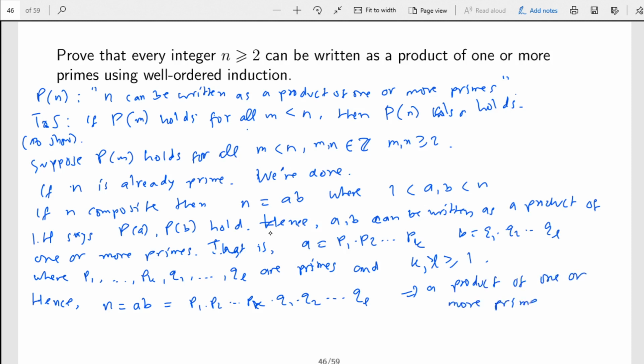So we established the statement. So this is just a very simple well-ordered induction, and we don't need the base case here. Now, in the next topic, we will talk about upper bounds. So let's stop here and we continue in the next video.